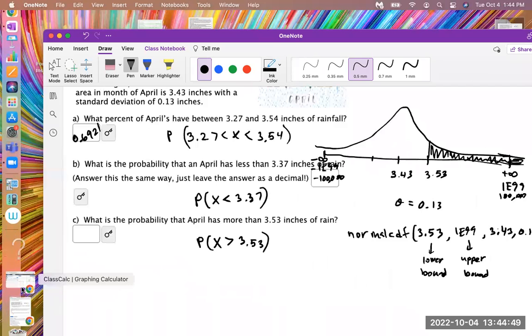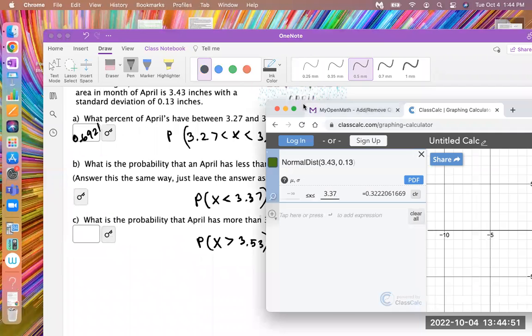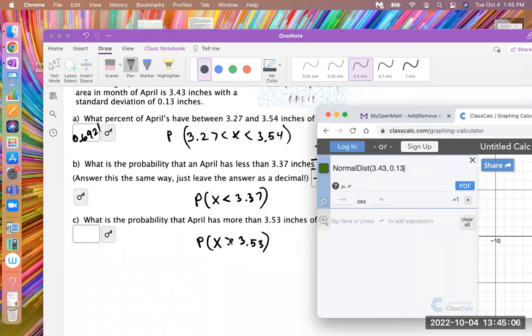Or you can go to class calc, and I'll do it on here. Clear that out. I have the same mean and standard deviation. It's all the same for all these problems. They haven't been changing that. And now I notice the X is greater than 3.53. So this alligator's mouth needs to be pointing away from this 3.53.